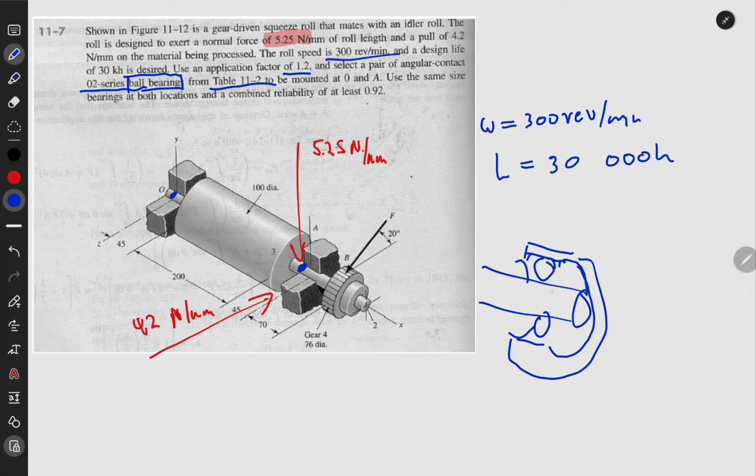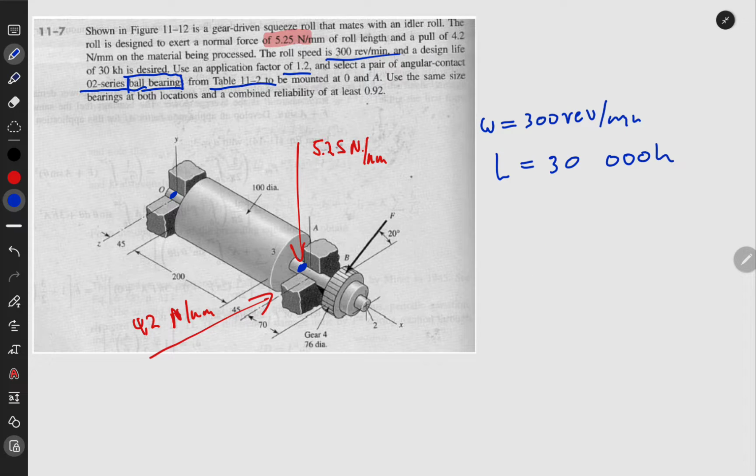This is literally a cut-out view, as if I'm cutting it like a pie. There will be balls all around the shaft, either in two rows or just one row, depending on the application. They also gave us a reliability of 0.92.